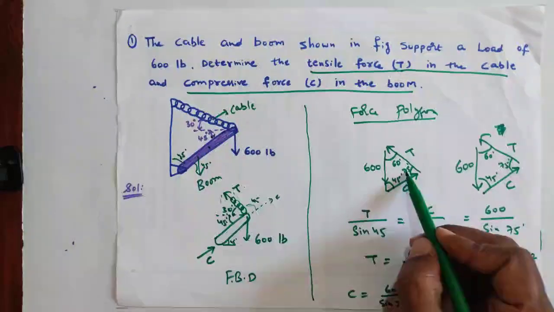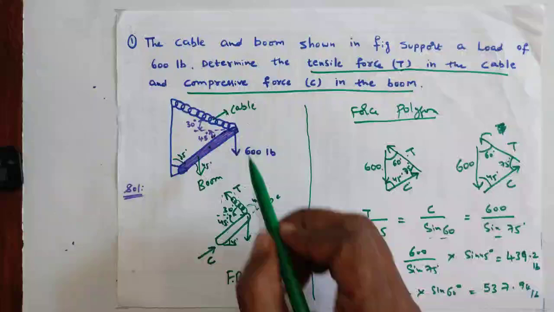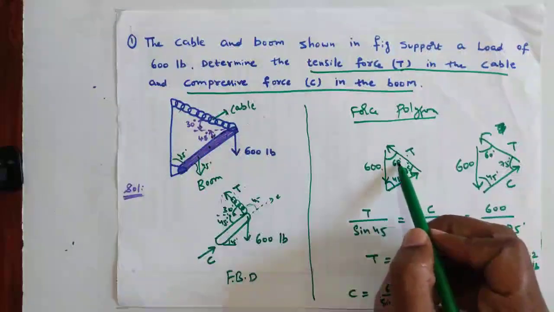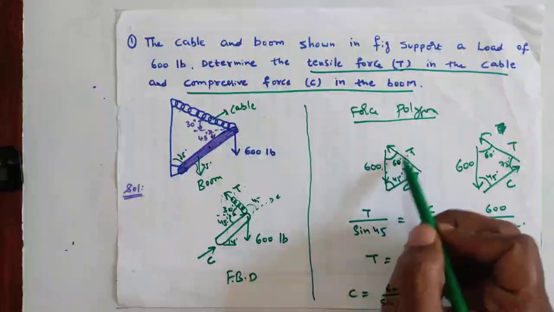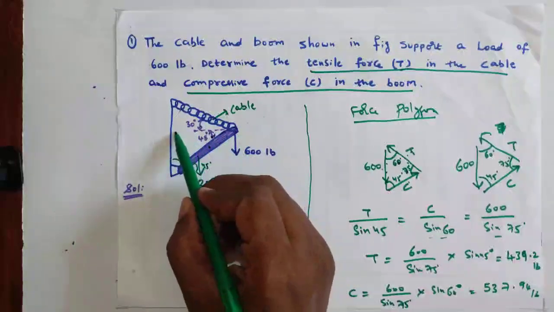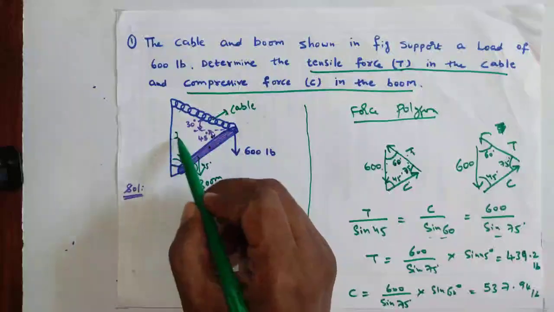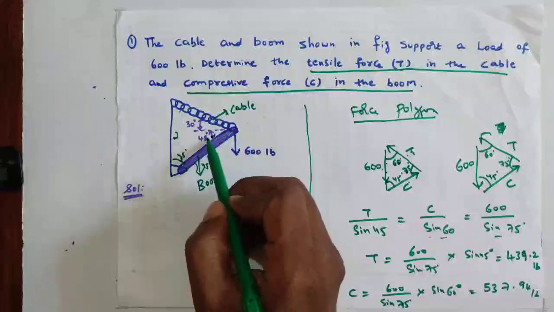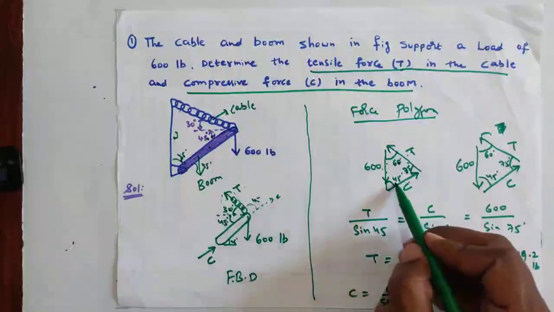Same 75 degrees I have written here. Between T and the load, if this is 30, here it will be 60 degrees. So the same 60 degrees I have written here. Here, if it is 45, here it will be 90, and here 45, because the sum of the angles in a triangle is 180. One is 90 and one is 45, so another will be 45. The same 45 I have written here.